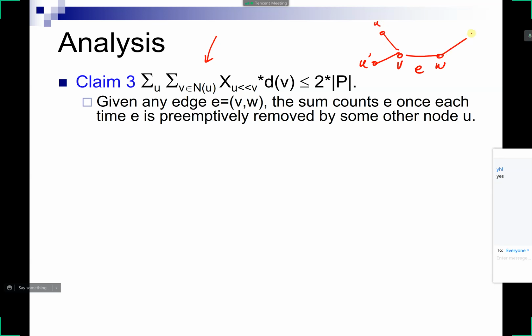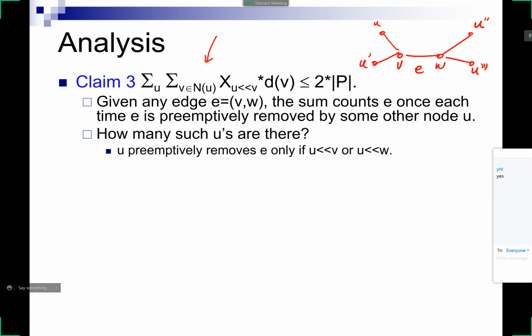Let's say W has this neighbor, let's call him U double prime, and then maybe another, U triple prime. So E here can potentially be removed by any of these U nodes, either U or U prime or U double prime, U triple prime. Any of these nodes can potentially remove V.